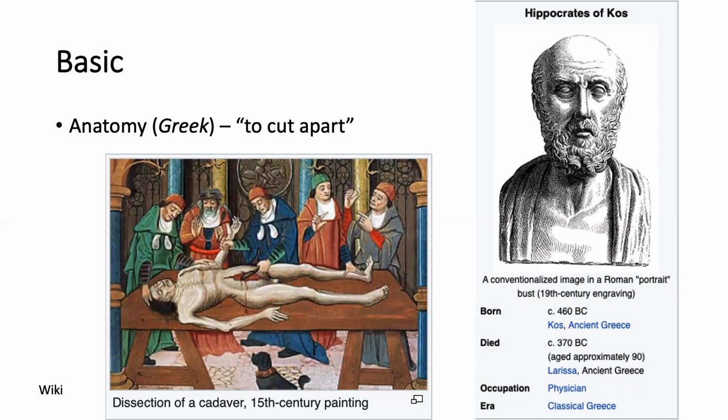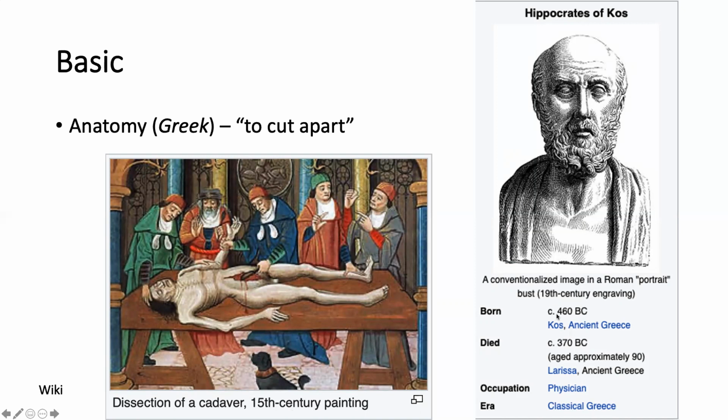It starts from the very ancient stage. This is the dissection of a cadaver in a 15th century painting. Look at the way they tried to study the human body. And once we are getting into the anatomy field, or especially the medical field, I want you to know this person is Hippocrates.